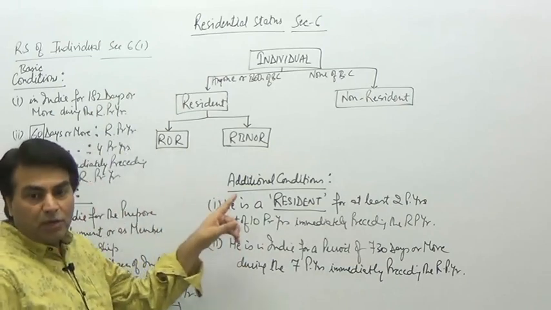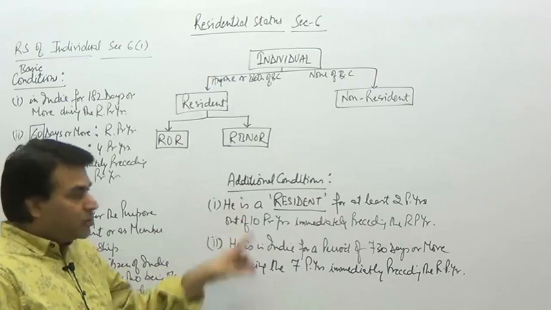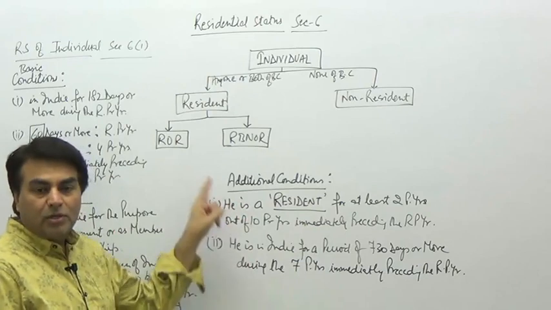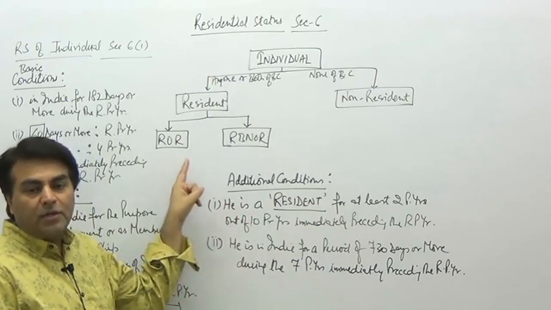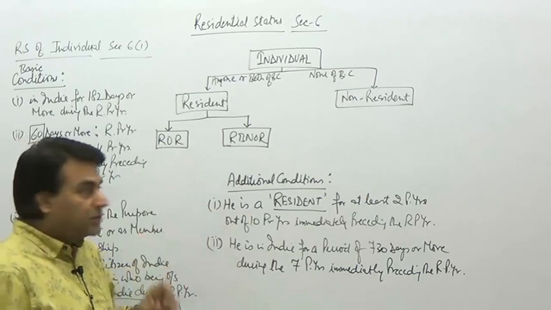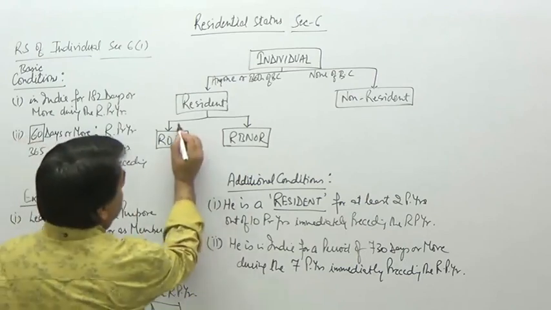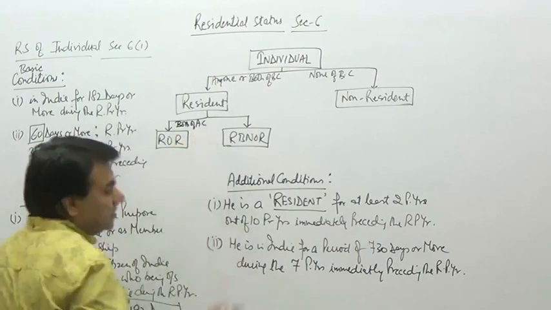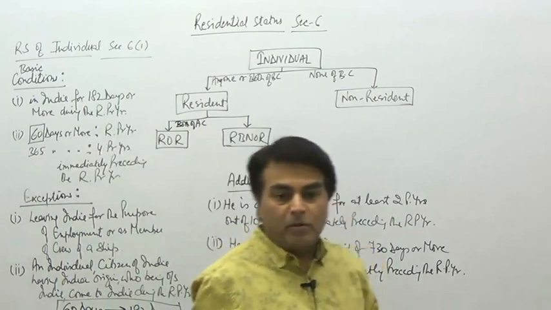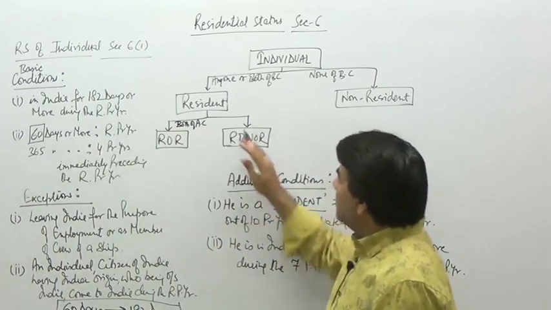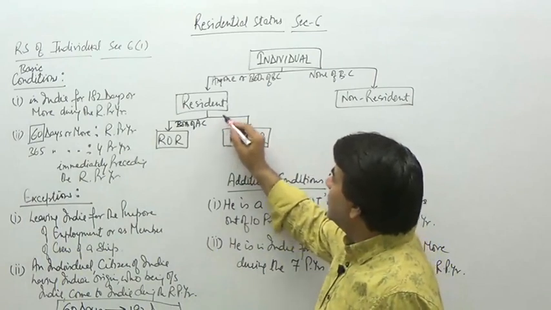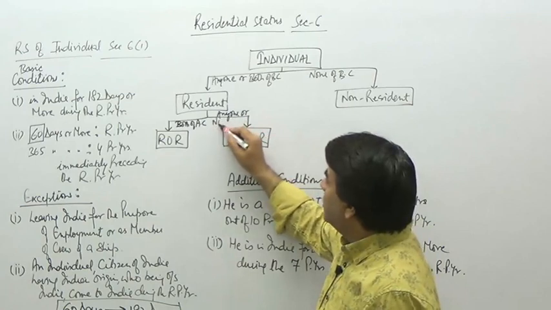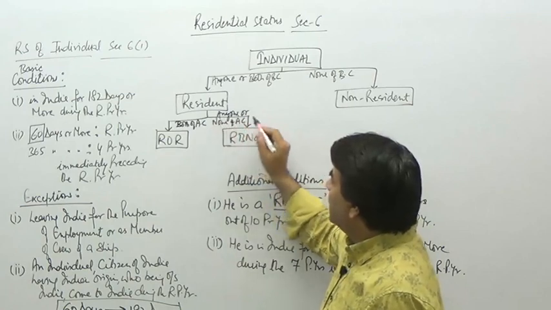If your individual fulfills both of these additional conditions, then he would be called resident and ordinary resident. Both of AC, AC meaning additional conditions. Or here I would write: anyone or none of the additional conditions.